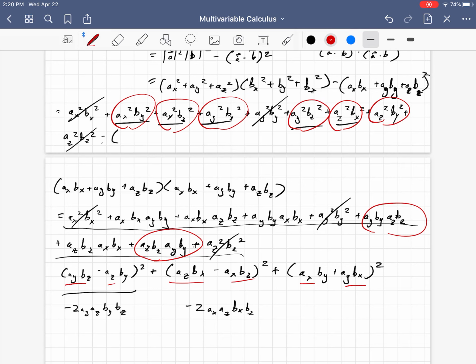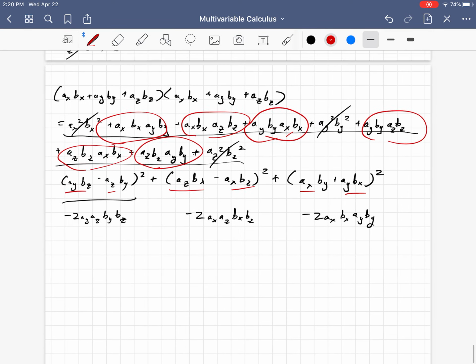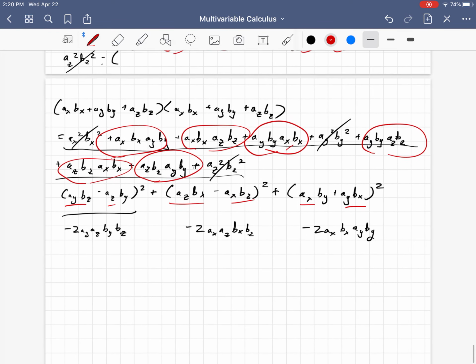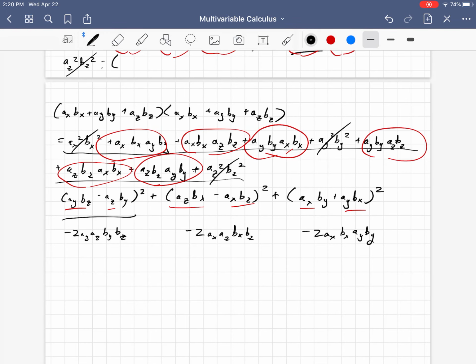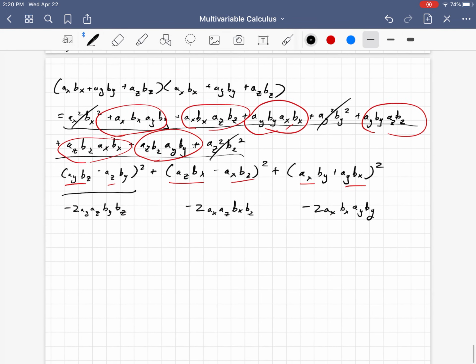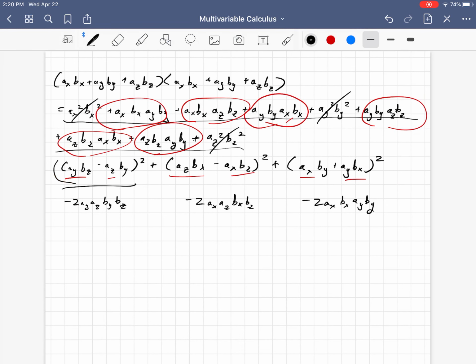Now I'm looking here for a minus 2 a sub x, a sub z, b sub x, b sub z. And so that is here and here. Awesome. That worked out. And then my last two, I really didn't think that. I thought for sure I'd mess up on the algebra somewhere. So now we're looking for minus 2 a sub x, b sub x, a sub y, b sub y. And those are here and here.